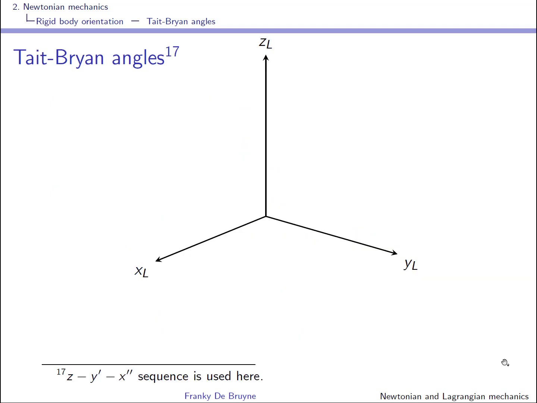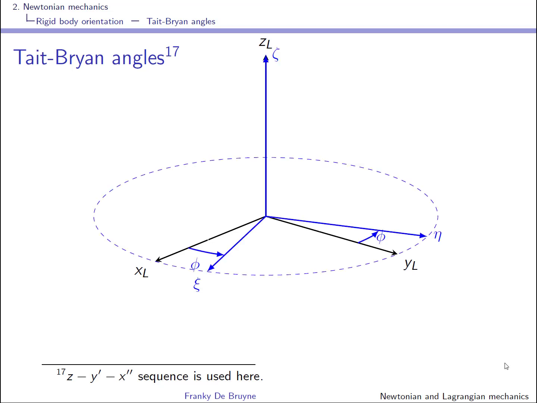Okay, what you see here is the original local frame. To remind you, we're using this z, y prime, x double prime sequence. The first thing that happens is a rotation around the z-axis, and phi here is actually the yaw parameter.